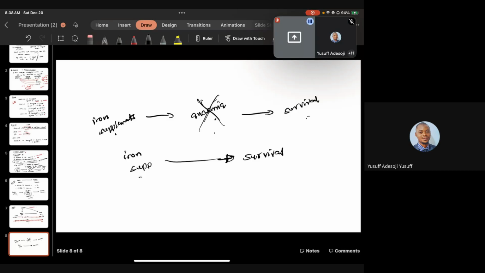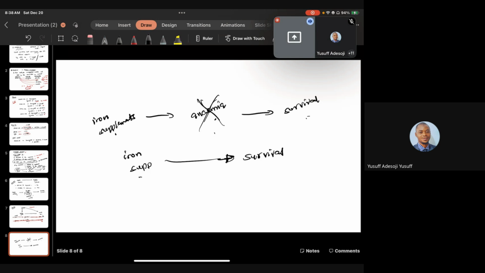But here's the thing you should also know: some women will not have anemia, some will have anemia. If you give iron supplements to women who don't have anemia, it might not impact their survival at all because maybe they don't have any anemia and they're just fine.